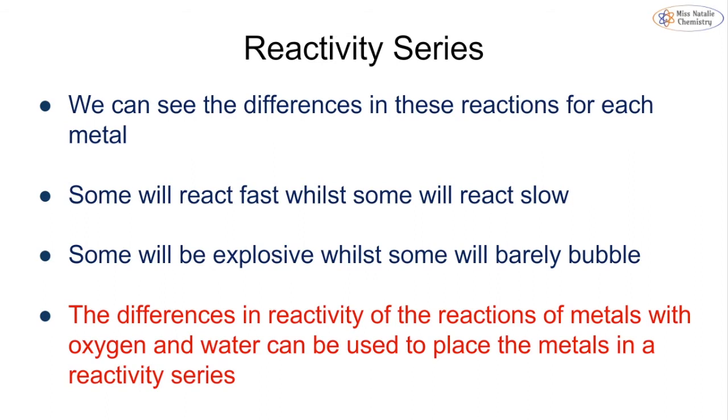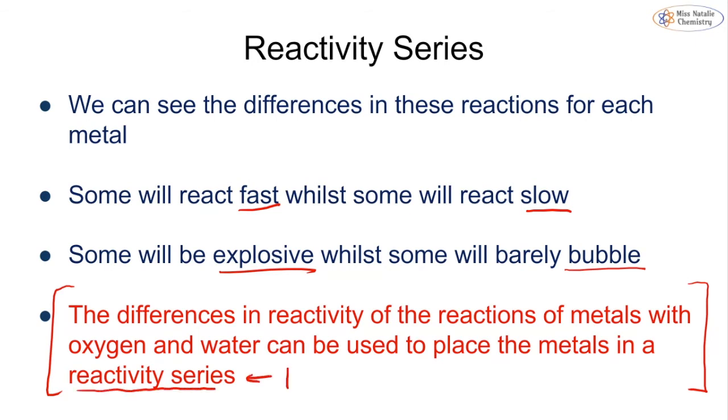And we can see the differences in these reactions for different metals. Some of our metals are going to react very fast, while some of them are going to react very slow. Some of them might be explosive, whereas some of them you might see 1 or 2 bubbles. Not very much happening. And this property is something that we can take advantage of, and we can look at these differences in reactivity and start to put the metals into something called a reactivity series.